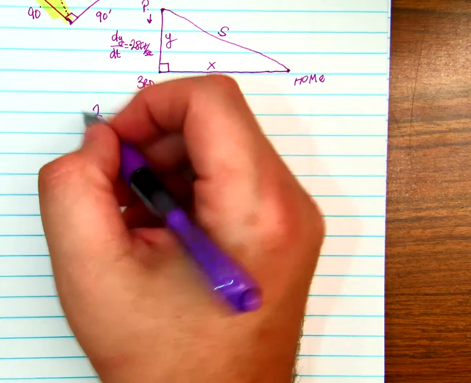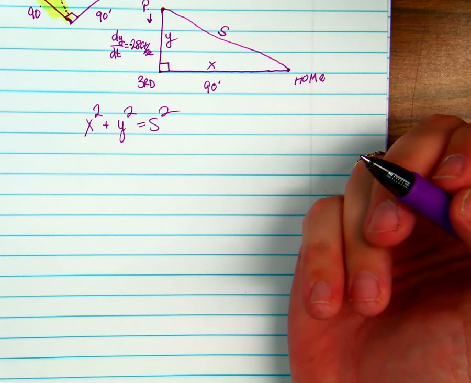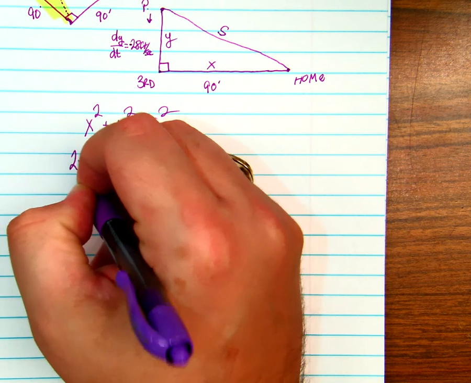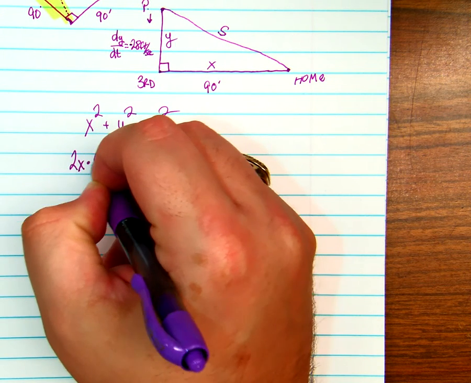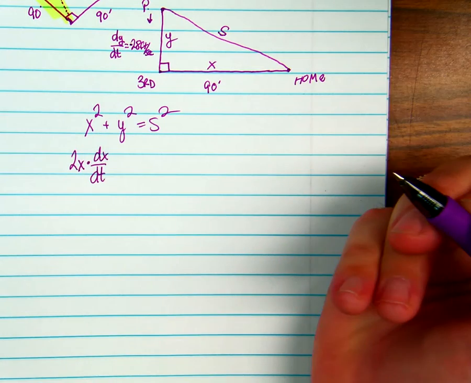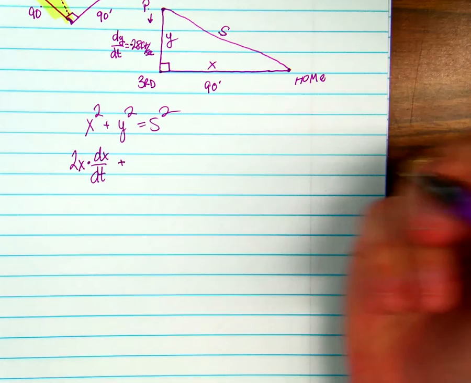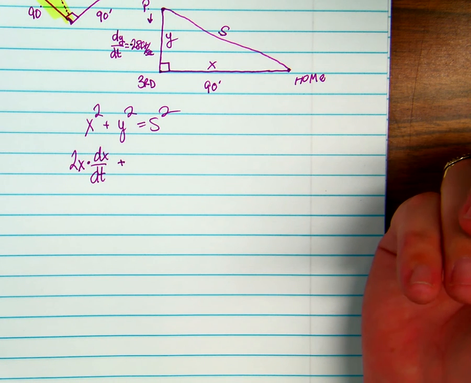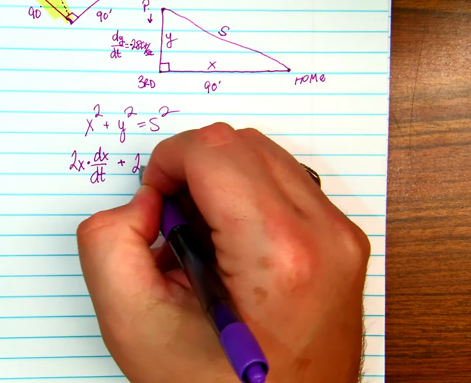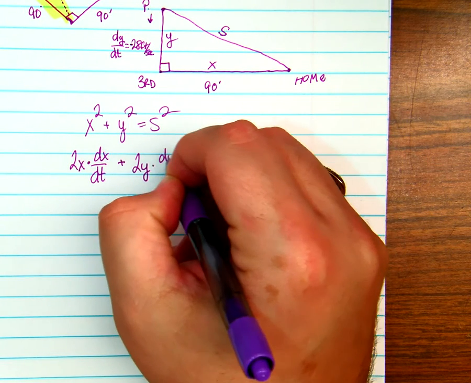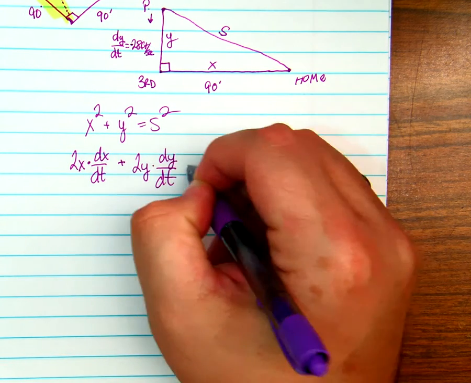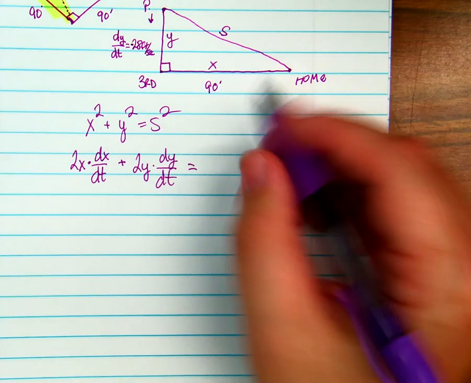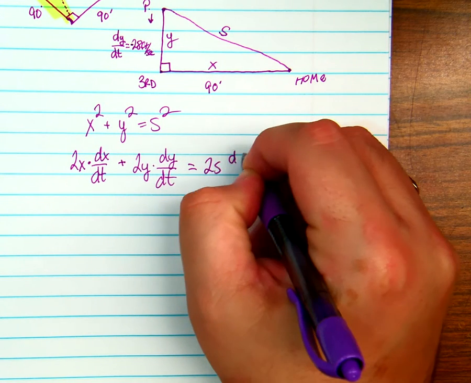What's the derivative of x squared with respect to t? 2x times dx/dt plus, what's the derivative of y squared with respect to time? 2y times dy/dt. That's equal to the derivative of s squared, 2s times ds/dt.